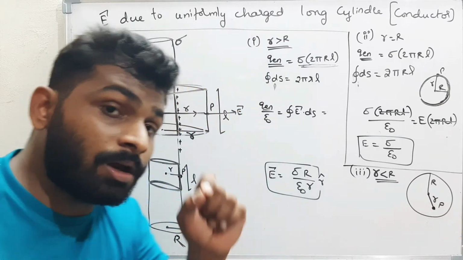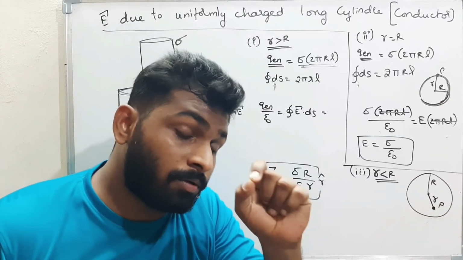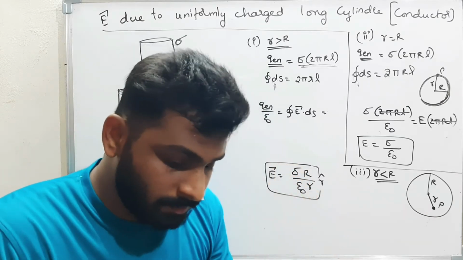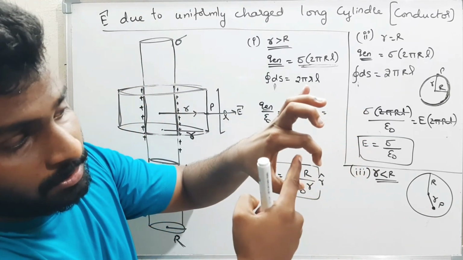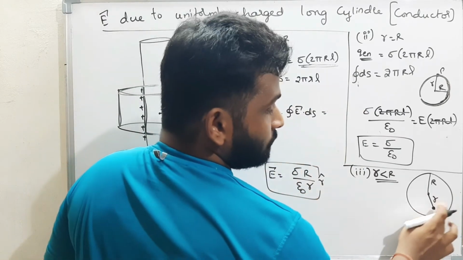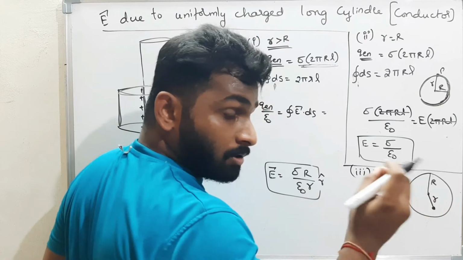That means I am going to find the electric field intensity at a point inside the cylinder. Now if that is the case, tell me, what is the Gaussian surface?